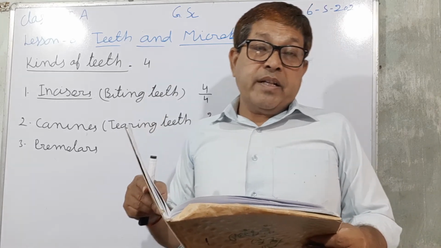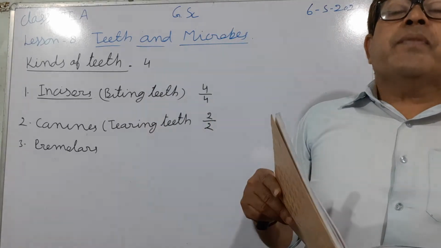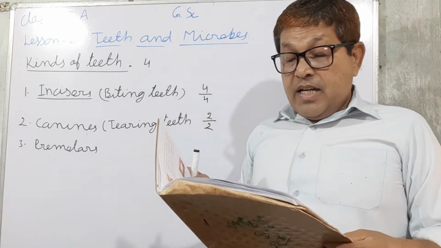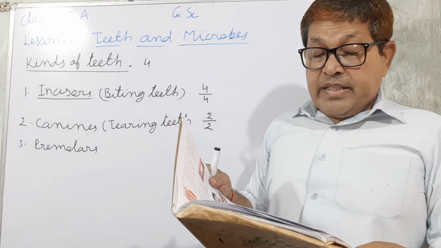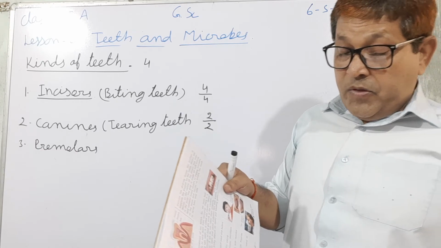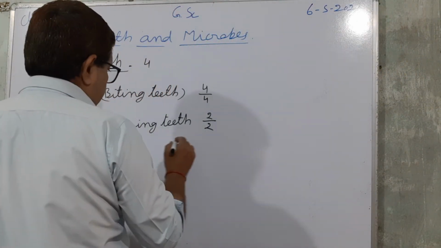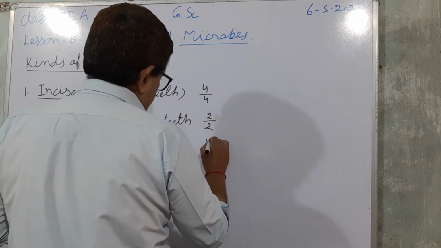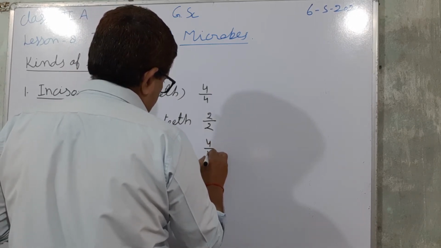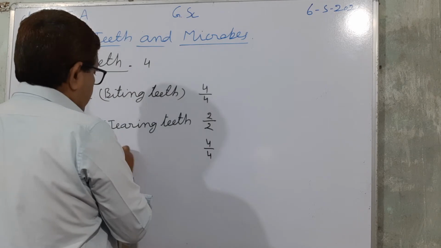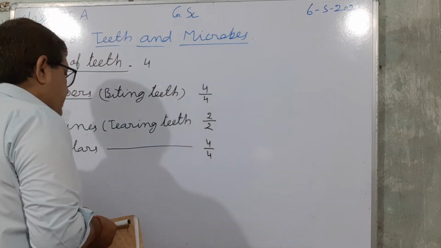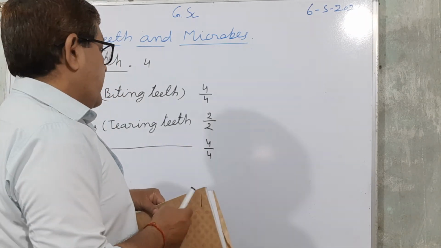It is meant for the crushing and grinding of the food. Its number is 4 in the upper jaw and 4 in the lower jaw.